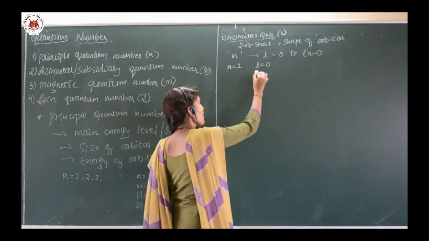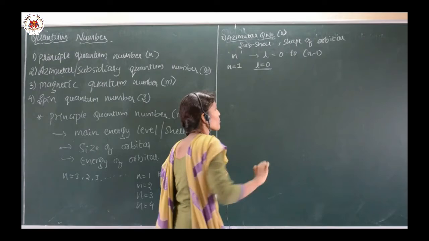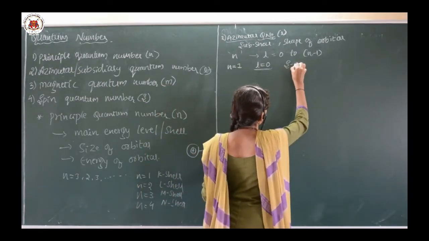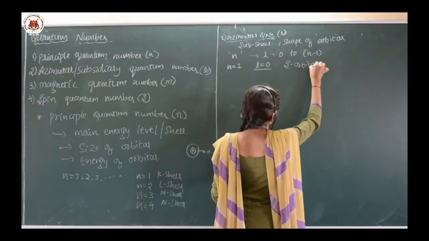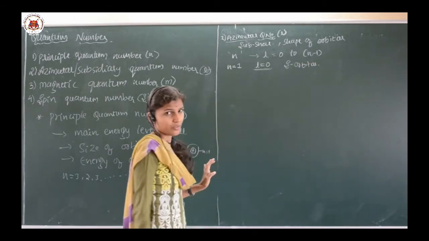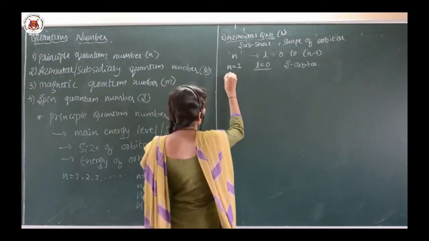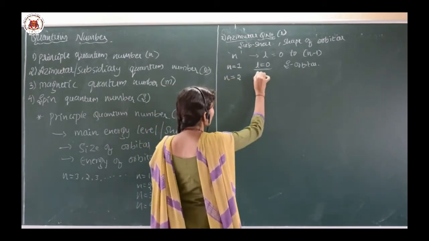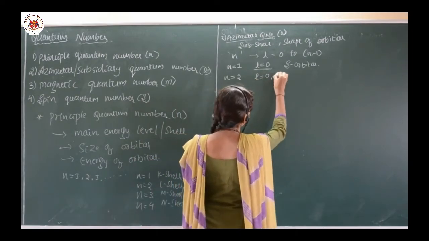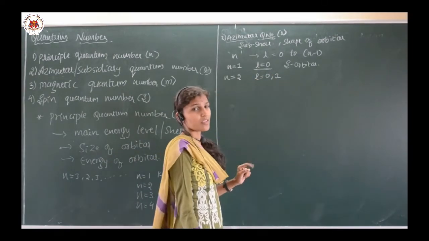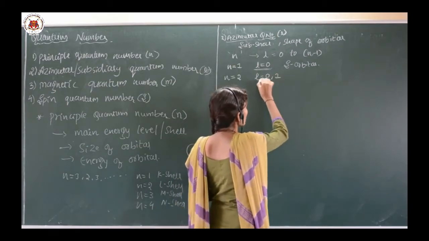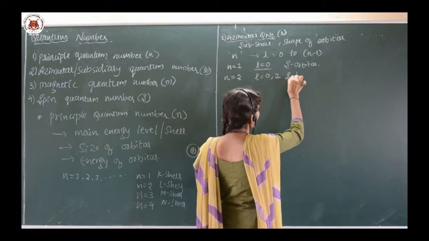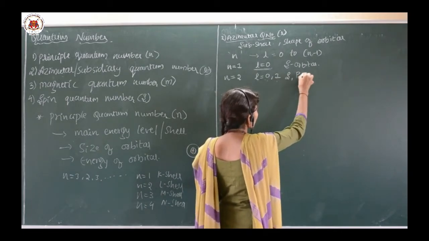When l, the subsidiary quantum number, is 0, it indicates the s orbital or s subshell. Then for n equal to 2, the l values are 0 and 1, where 0 means s and 1 means p orbital.